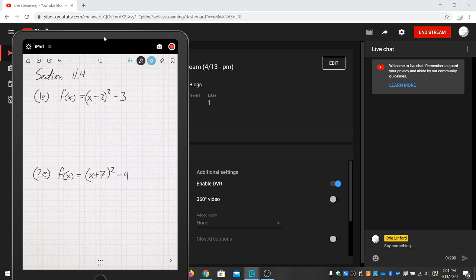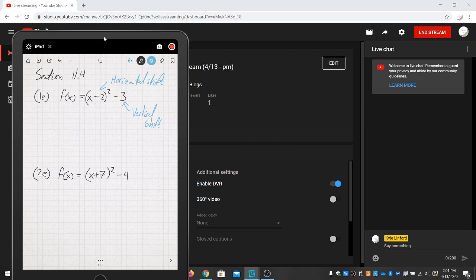Hopefully you noticed that when you add or subtract values to x, you control what's called the horizontal shift. The horizontal shift moves the graph left or right. Whenever you add or subtract values to the whole squared quantity, you control the vertical shift. And the vertical shift controls how far up or down you move the parabola.